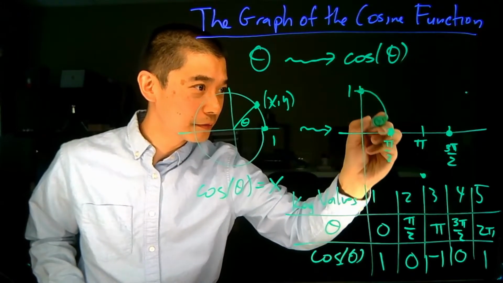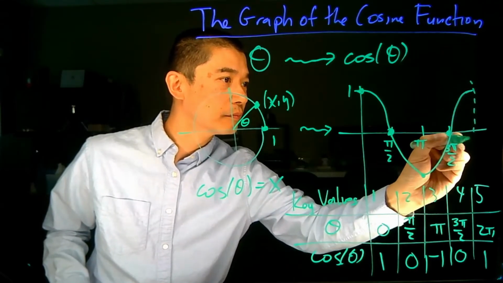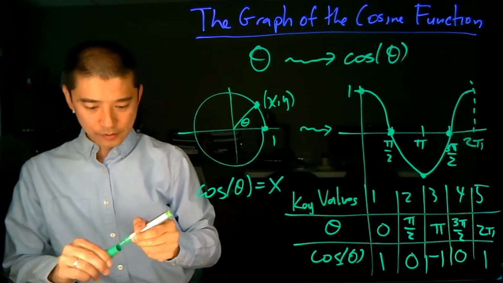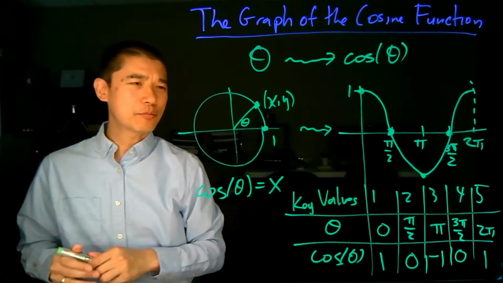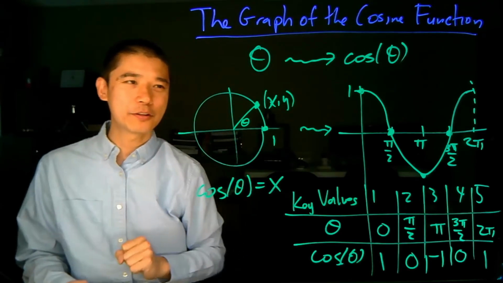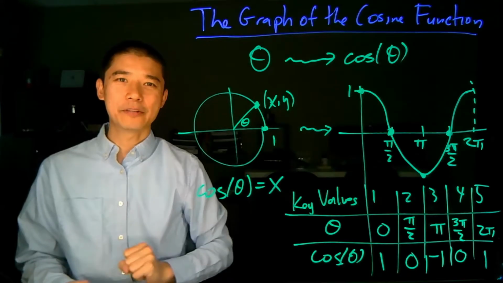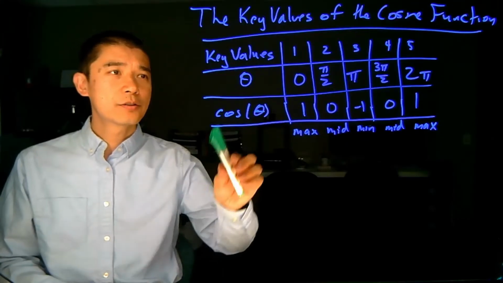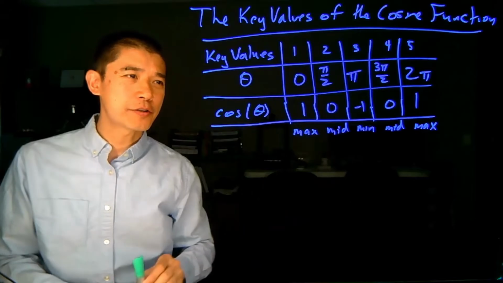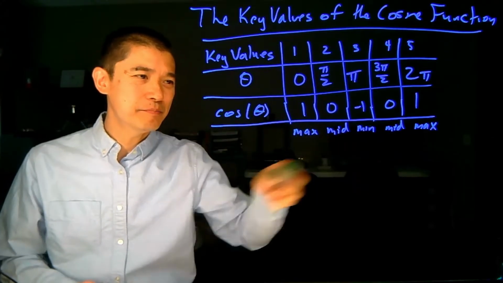And so the shape of the graph looks like this. Right, so it's the same idea, same general process, except that when we're setting up this picture, we're now focusing on the x-coordinate rather than the y-coordinate. So this length here at theta equals 0 translates to that height up there. So this is the chart of key values for the cosine function. It starts at the maximum, then it goes mid, min, mid, max.